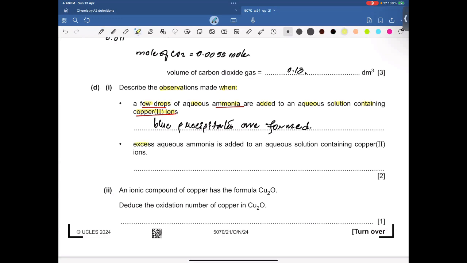And when we add excess aqueous ammonia to the blue precipitate, the blue precipitate is soluble, giving a dark blue solution.